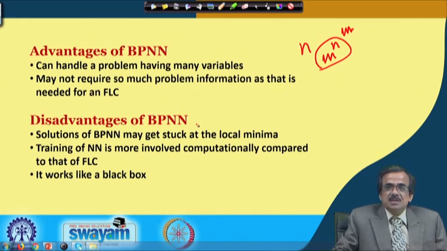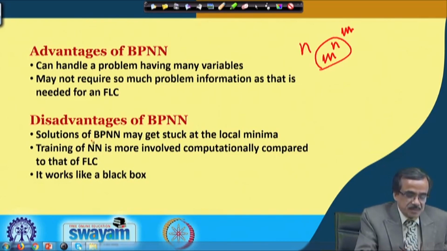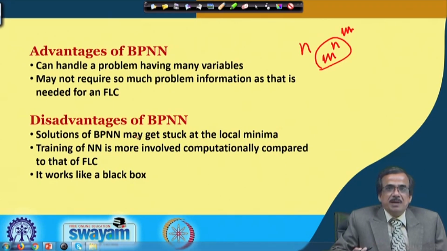Now, disadvantages or demerits of the multi-layered feed forward network. The solution of the back propagation neural network, that is the multi-layered feed forward network trained using the back propagation algorithm, may get stuck at the local minima. I have already discussed this, because initially we do not know the nature of the error surface during the training. If the error surface is found to be unimodal, this backpropagation algorithm, which is nothing but the steepest descent algorithm, is going to hit the globally minimum solution very easily.